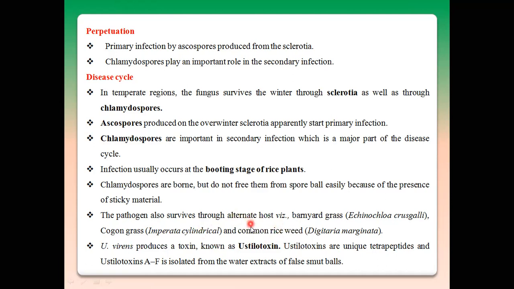Okay, so this pathogen produces a toxin, that is ustilaginoidin. This toxin produced by the Ustilaginoidea pathogen helps it easily penetrate the healthy grain of the rice plants.